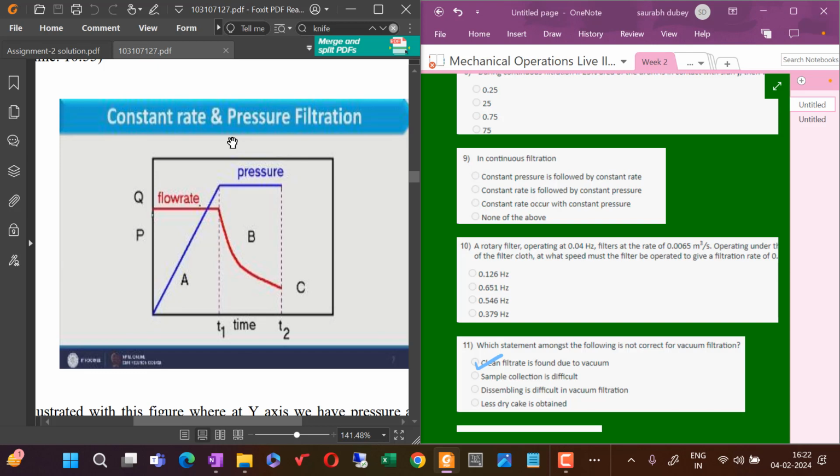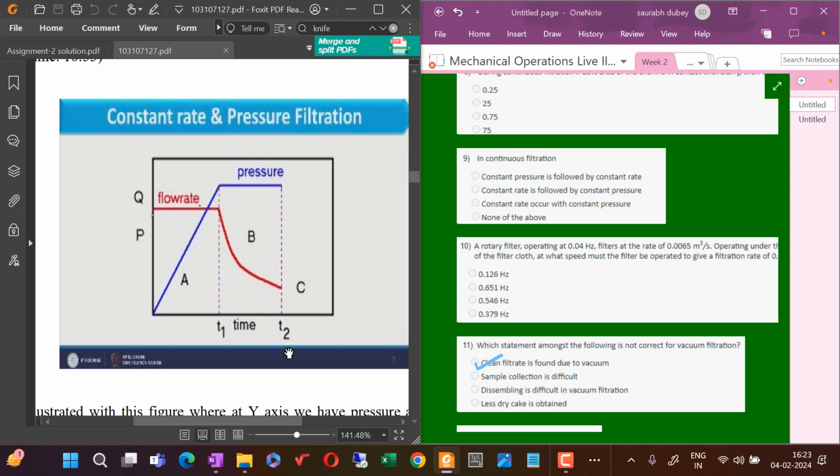As cake is continuously forming, cake thickness is increasing, the cake is becoming more and more compact, and its porosity is decreasing. So initially you operate the filtration unit at a constant flow rate, and later at constant pressure, with a gradual reduction in the flow rate while pressure is kept constant.